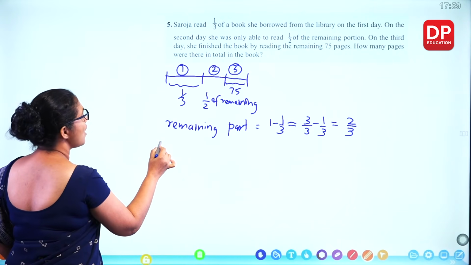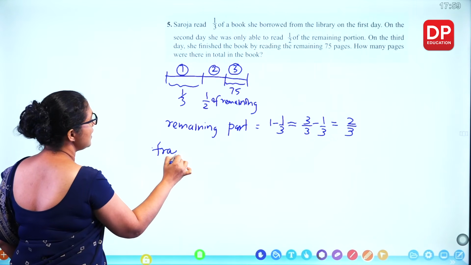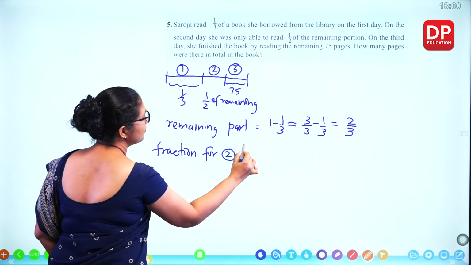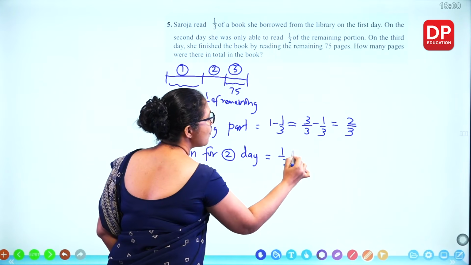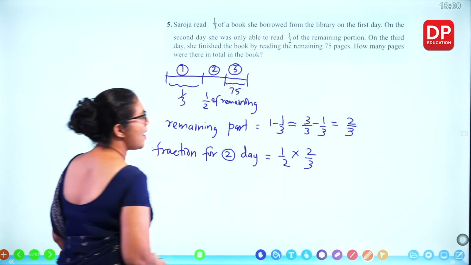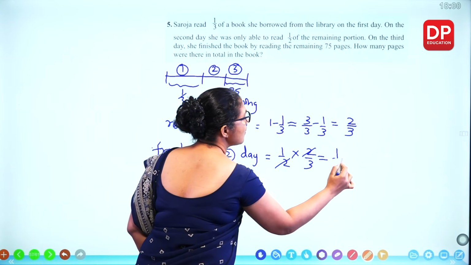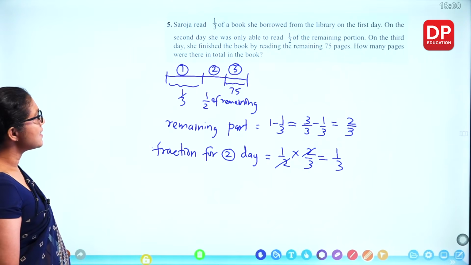Then you can find out the fraction for the second day. Half of the remaining part, half of 2/3. So you can simplify this and rewrite as 1/3. So that's for the second day.